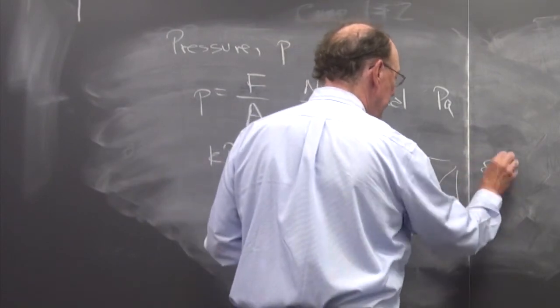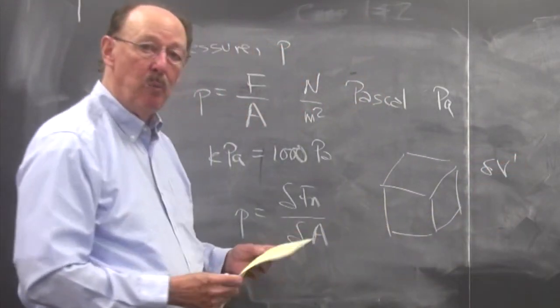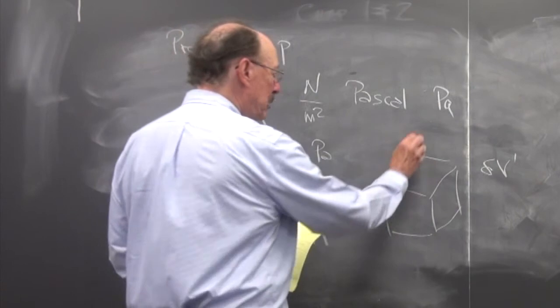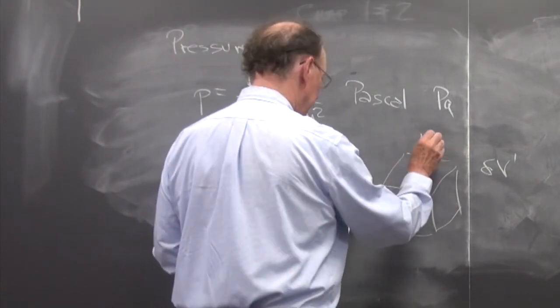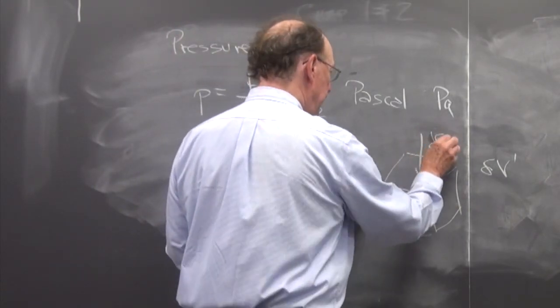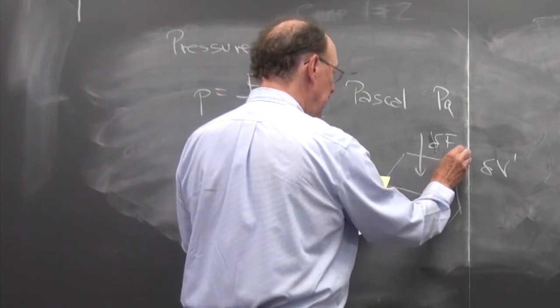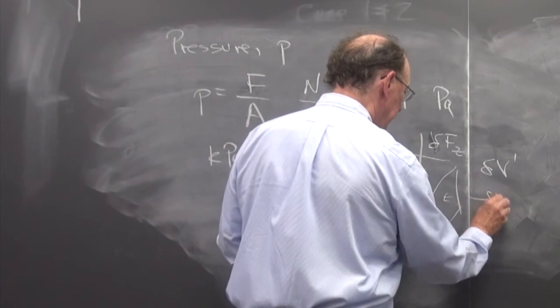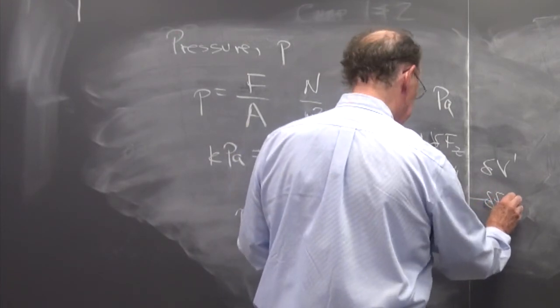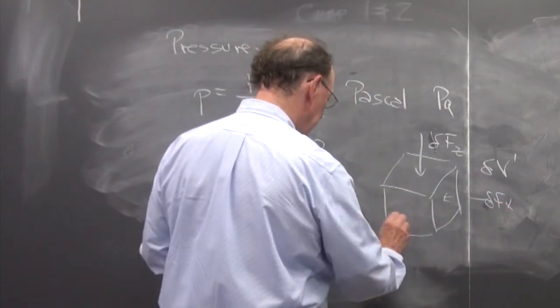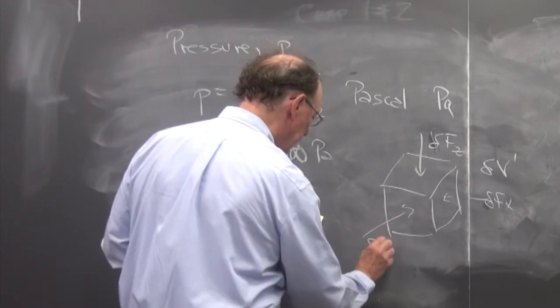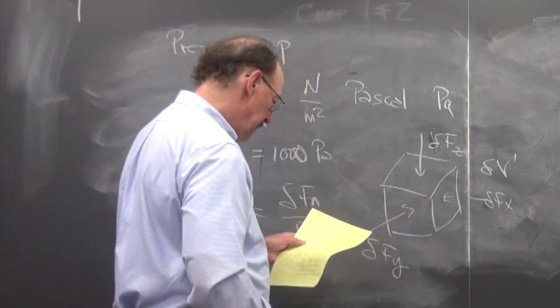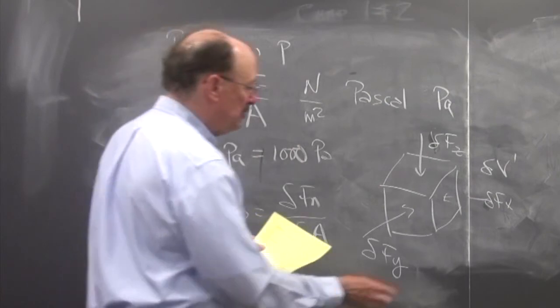So I have my del V prime. And so what we're looking at here is the force, del F Z, del F Y, del F X. And this was this del V prime.